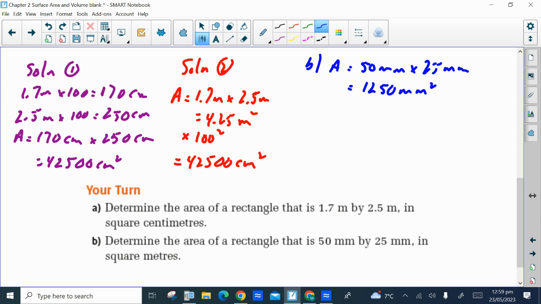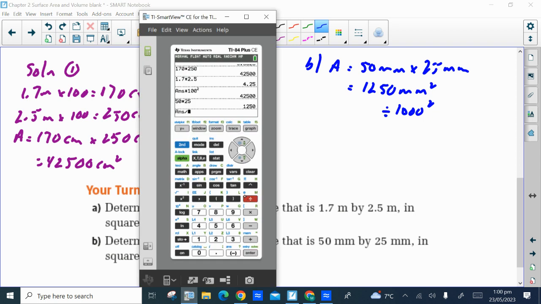millimeters squared. And now if you want to go from millimeters squared to meters squared, you'd have to divide by 1,000 squared. To go from millimeters to meters, we divide by 1,000. But to go from millimeters squared to meters squared, we'd have to divide by 1,000 squared, because there are 1,000 millimeters in a meter. So it's 0.00125.